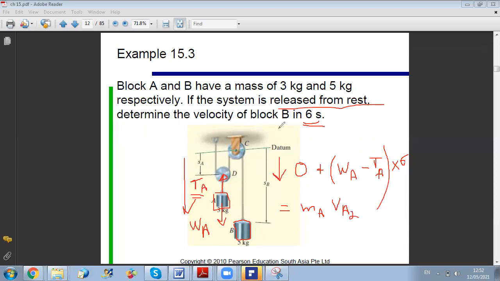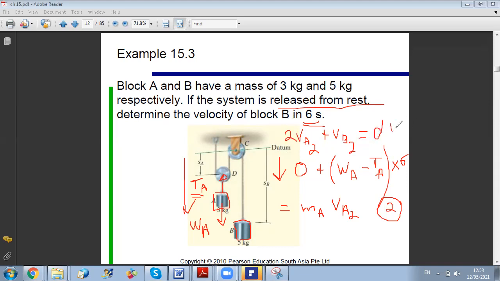We already found the first relation; this is the second relation, because we had found a relation between VA2 and VB2. So the first relation was that 2VA, at any instant, in particular at state 2, 2VA2 plus VB2 equals 0.